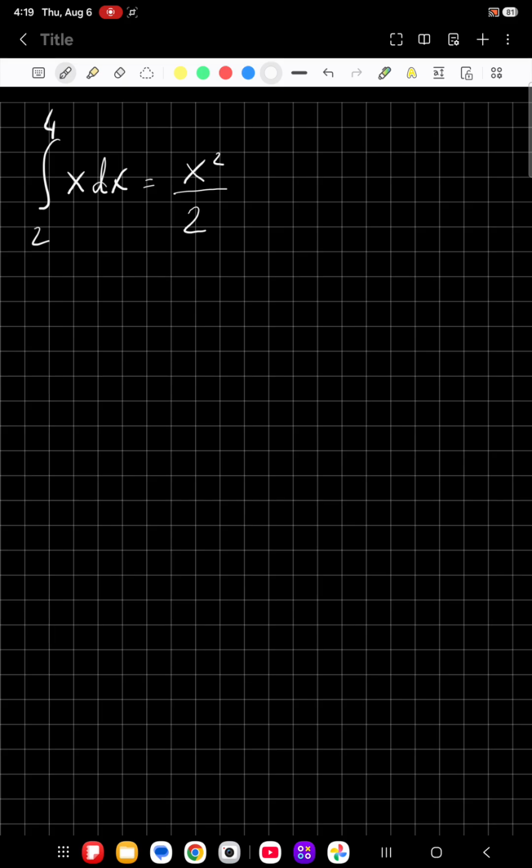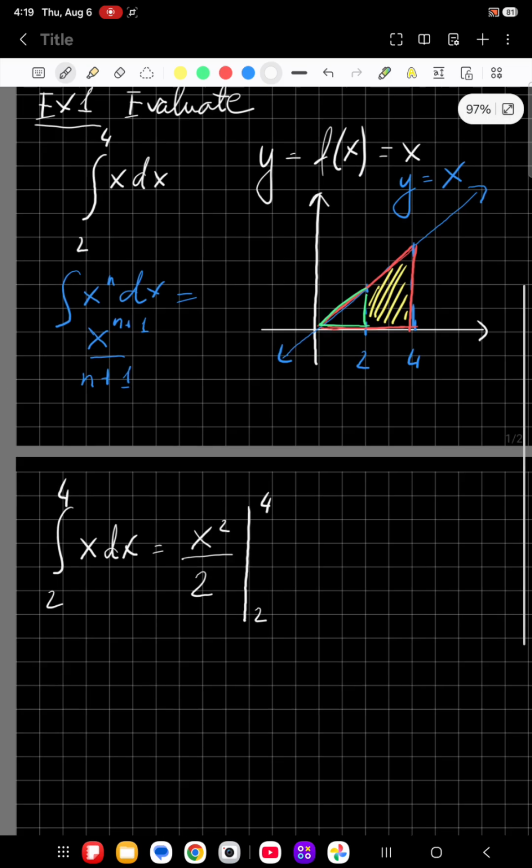Okay, and then the way I do it, I just make a vertical line, and I write 4 and 2 over here, like this. So that means that I'm evaluating that function at 4, so it's going to be g of 4 in our case, minus g of 2. So that's what that fundamental theorem says.